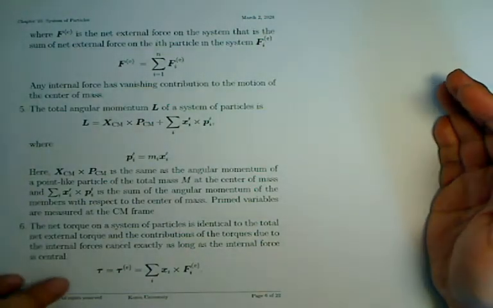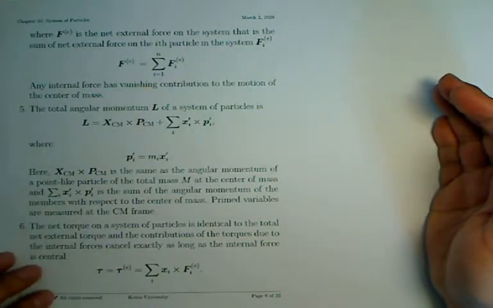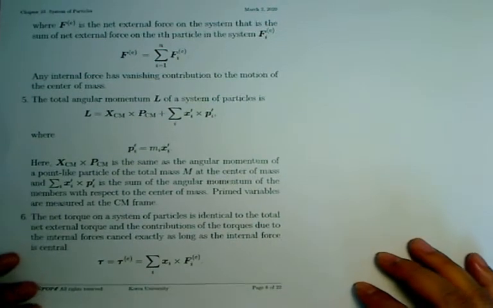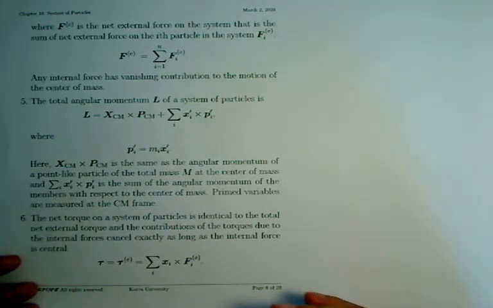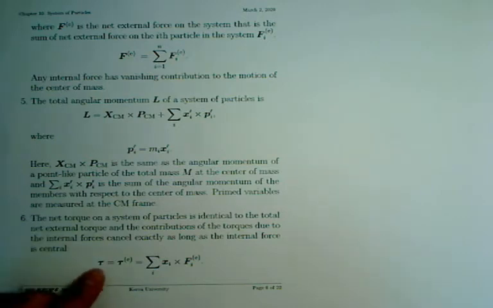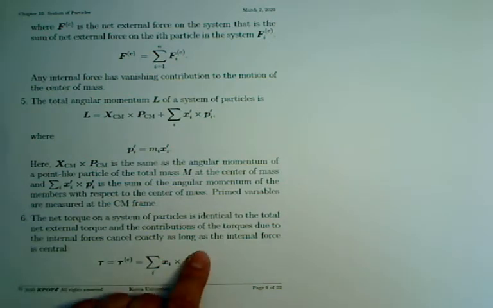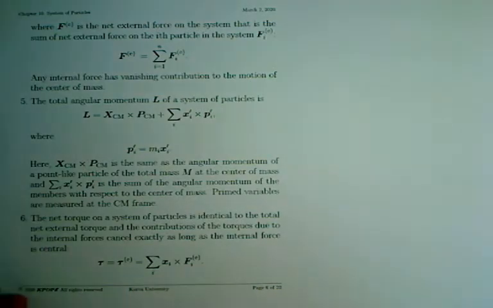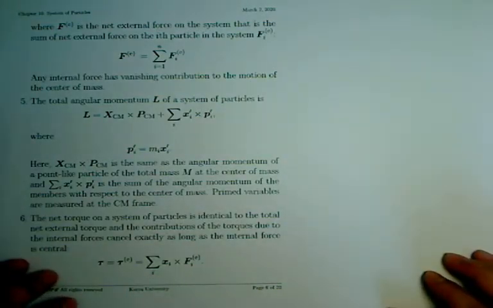In addition, if the internal force is central, the torque on the whole system due to the internal torque between any two particles will cancel. Therefore, the net external torque and net external force only change the total angular momentum of the system.